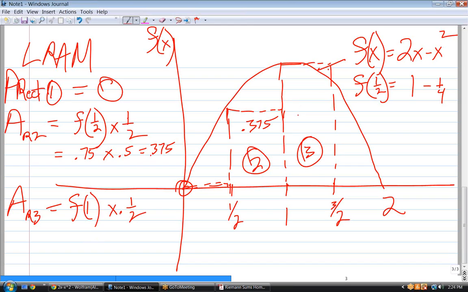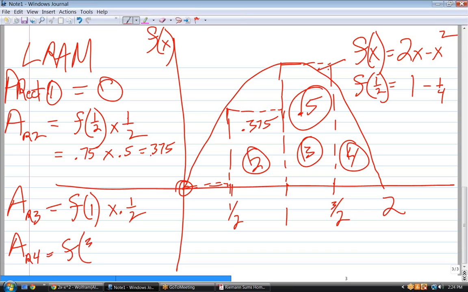And finally, rectangle 4 hits the curve at 1 and 1/2, which is 2 times 1 and 1/2 is 3, minus 1 and 1/2 squared is 2.25, so that's 0.75.